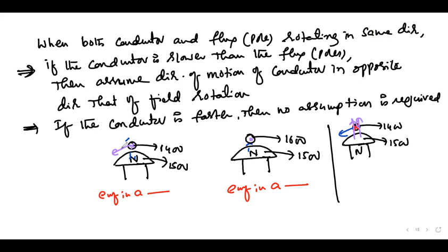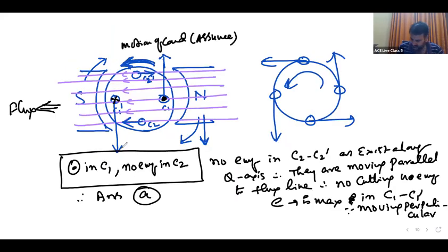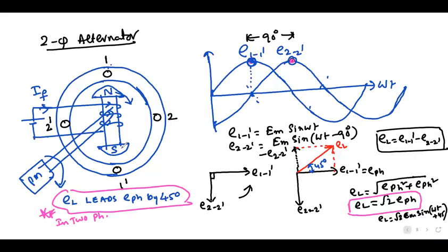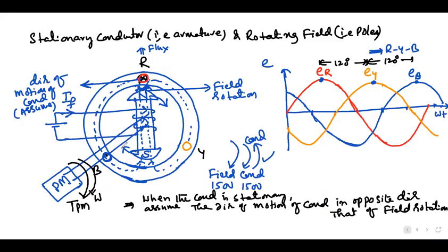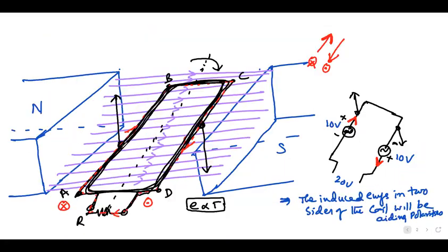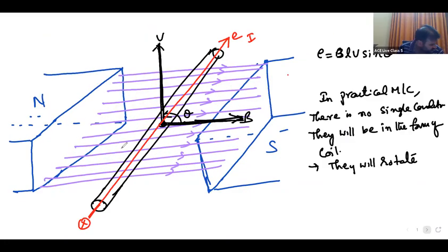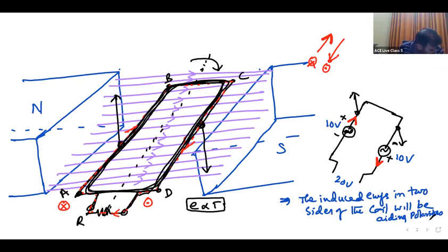Sir, can you take that first slide today? The two north poles with one coil case. Like, my doubt is, can we show that the induced current opposes the cause here?